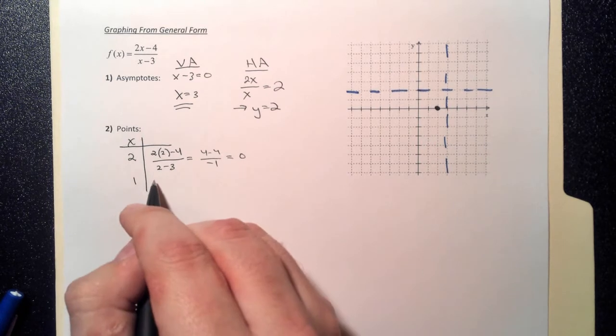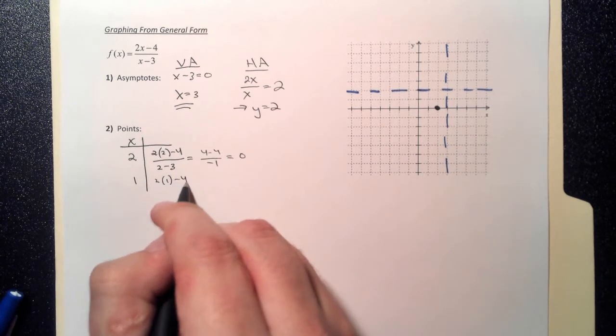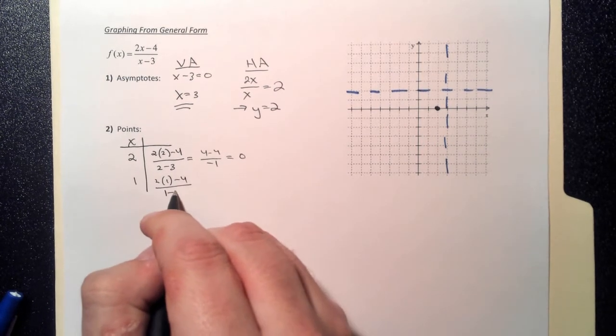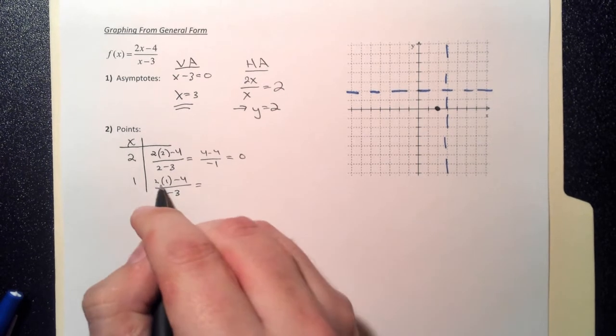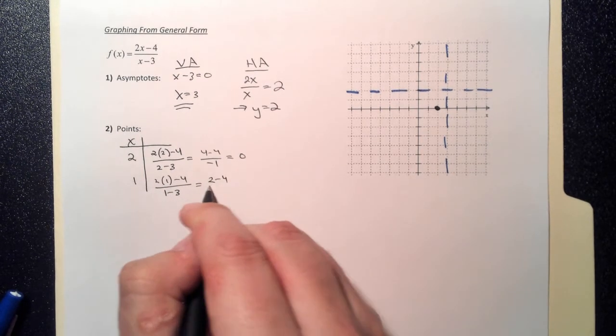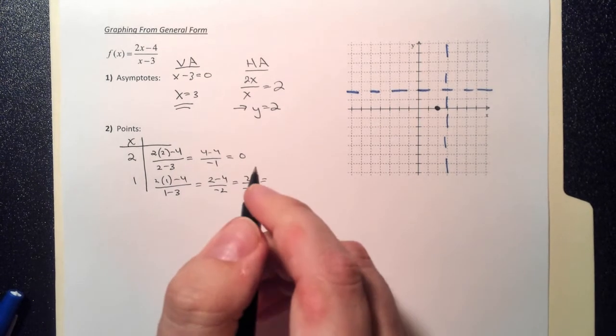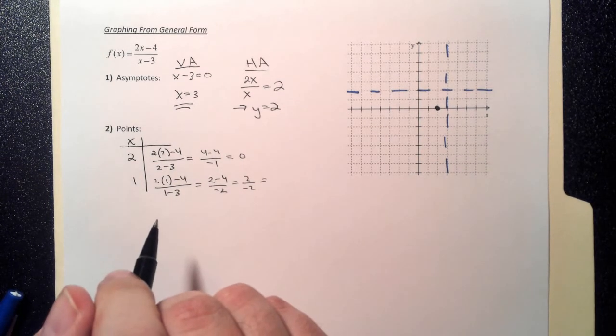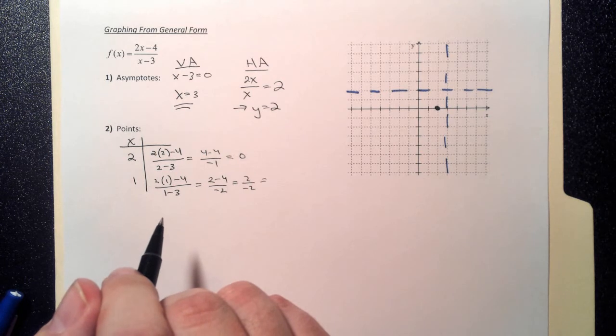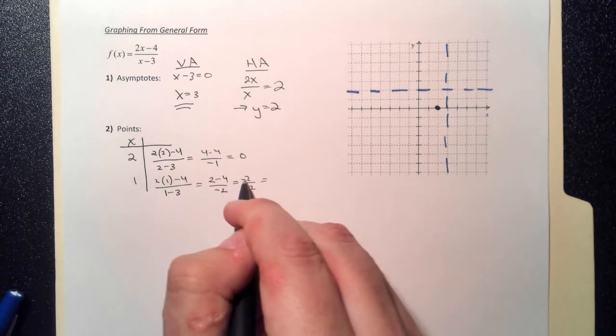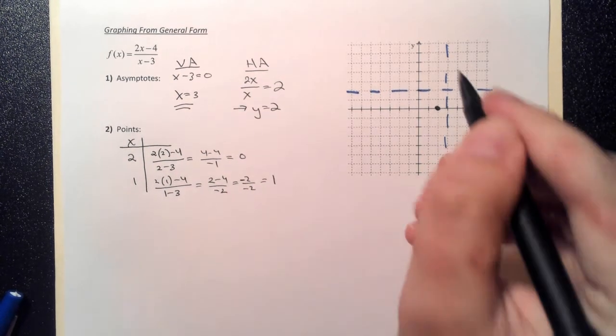What about if x is 1? There I'll have 2 times 1 minus 4 over 1 minus 3, which is 2 minus 4 over negative 2, or negative 2 over negative 2, which is positive 1.